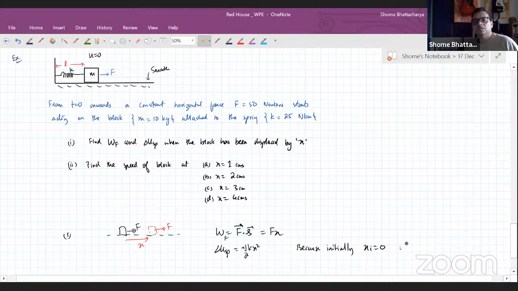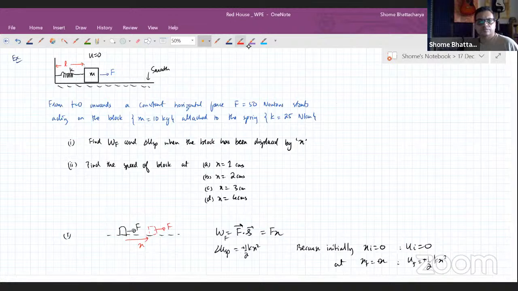So initial potential energy was 0, and at an extension of x, the final potential energy becomes half kx square. So the change in potential energy is plus half kx square. So that is the first part done. The work done by F and change in potential energy of the spring in terms of the displacement x of the block. When the block is displaced by x, the spring is also stretched by x only.